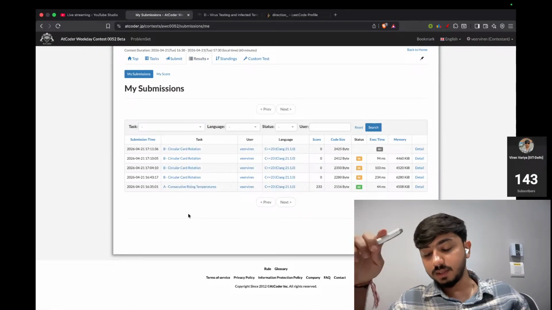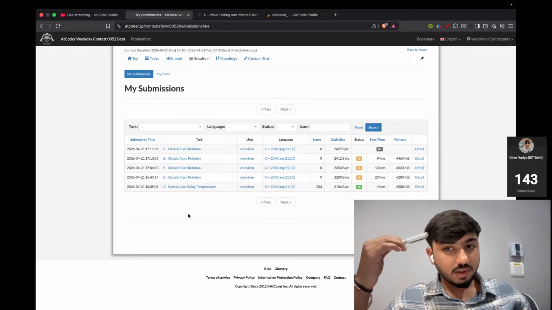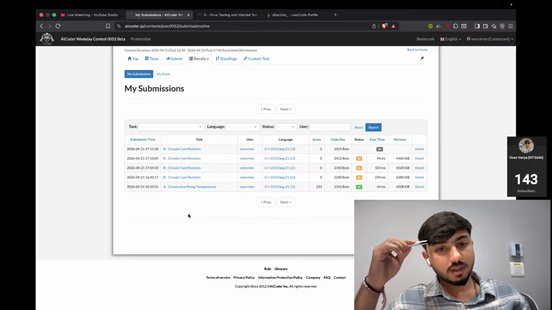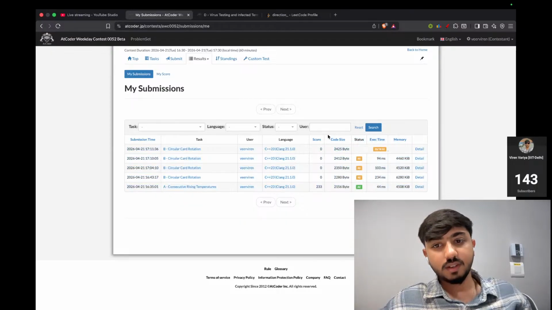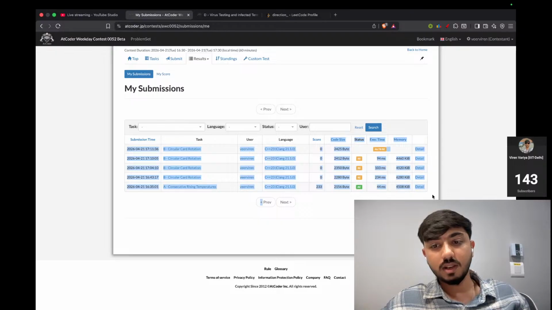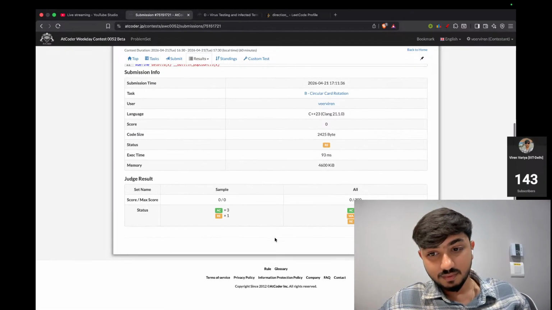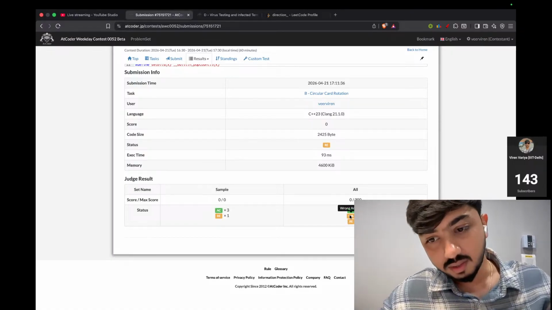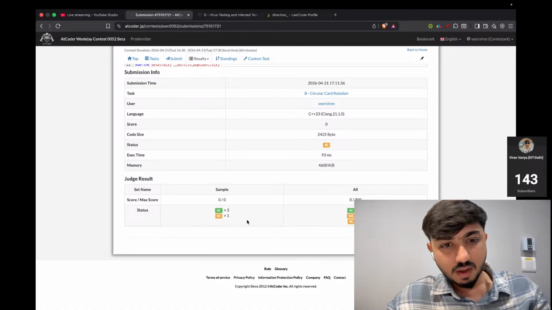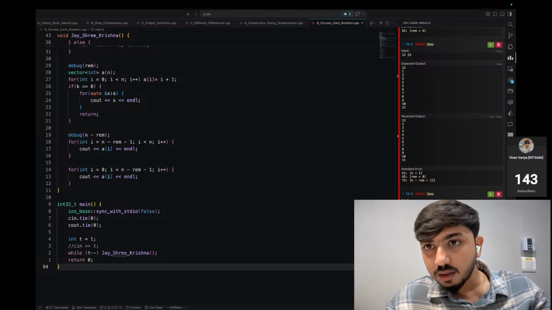Let me try all the possibilities. This thing is bad. We are missing something small. Oh, for the sample test case also we are getting a runtime error. Okay, okay. In which test case?